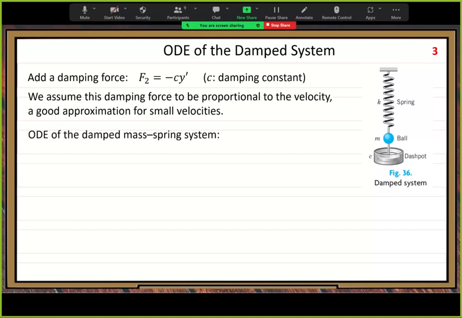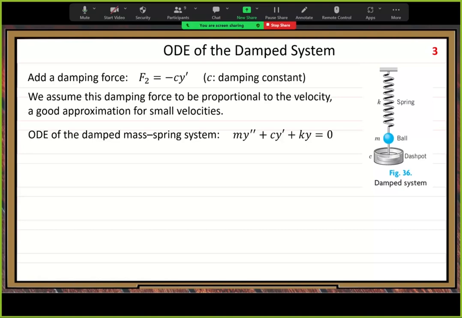All right. ODE of the damped mass spring system. This time we need to look at a modified equation, different from our previous one, because we add a damping force term. You can see the term in the middle, Cy prime, is added.